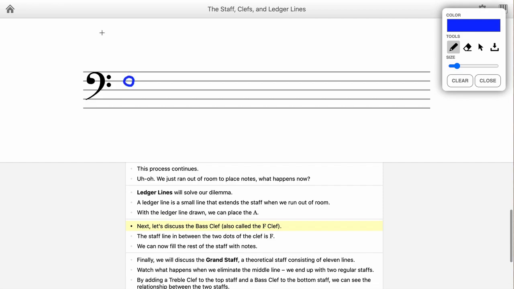We already know that the fourth line is called F. That means that the top line is an A. Remember, the space in between would be a G. If we go above the A, it's a B. If we want to keep going, now we have to add our ledger line, draw a note on the ledger line, and now we have the note C. We can still go higher, drawing a ledger line and putting a note in the space above it. That note is D.